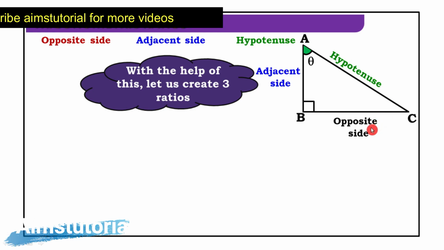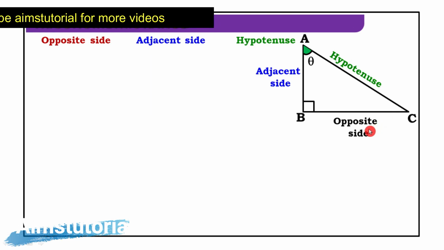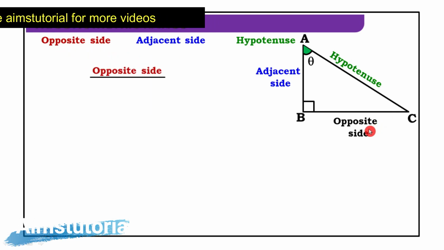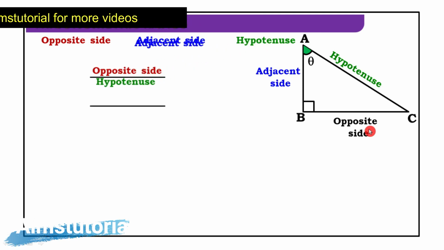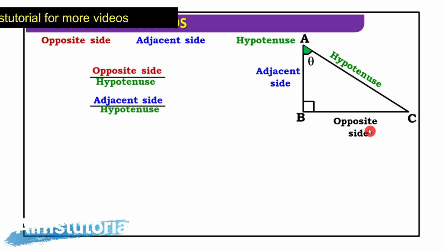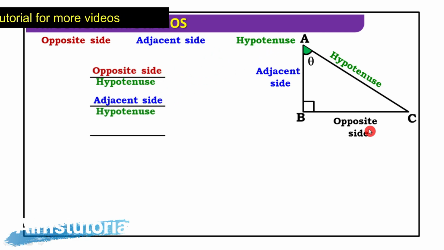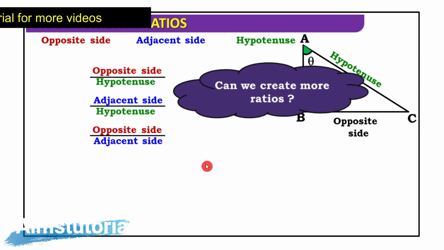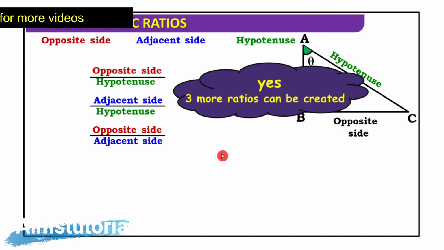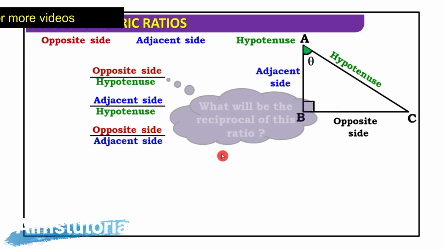With the help of this, let us create three ratios: opposite by hypotenuse, adjacent by hypotenuse, opposite by adjacent. Can we create more ratios? Yes. Three more ratios can be created.